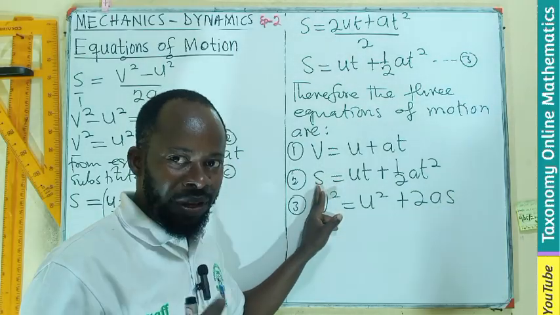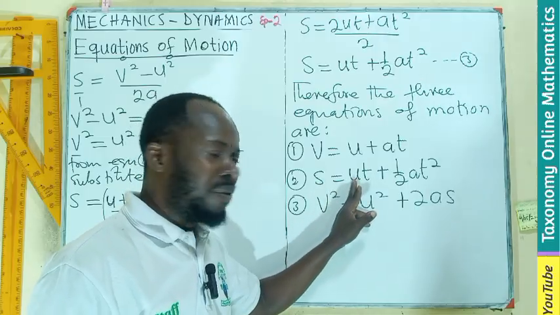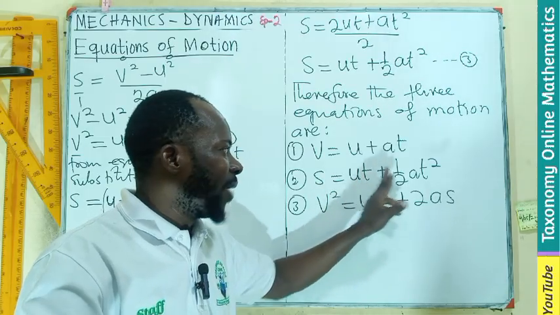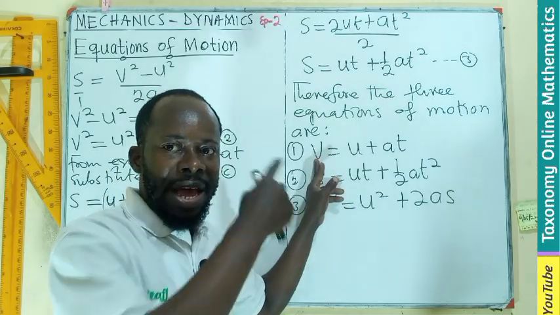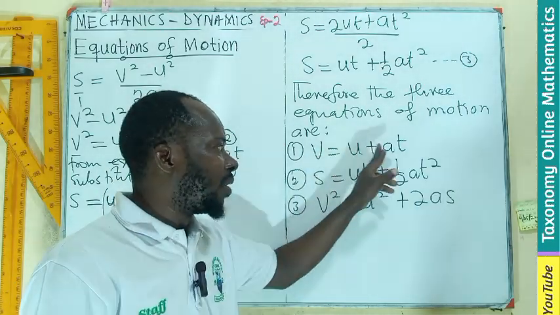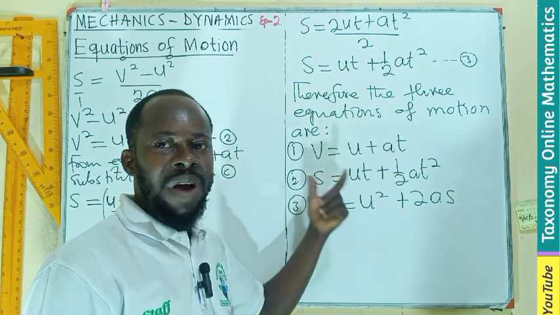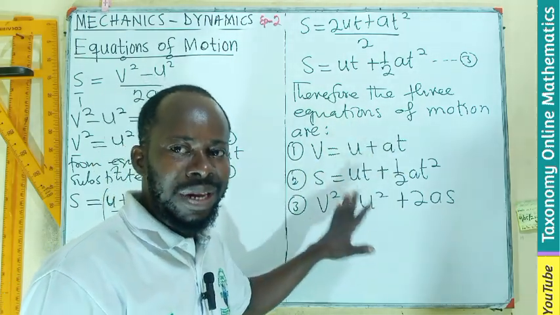If you are looking for displacement, the distance, and the initial velocity, time, and acceleration are provided, you go for this. You're looking for any of the information here: final, initial, acceleration, and time, provided the 3 of them are provided. So these are the 3 equations that will be needed.